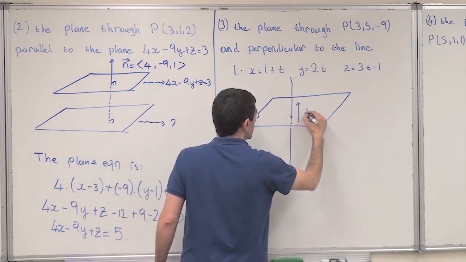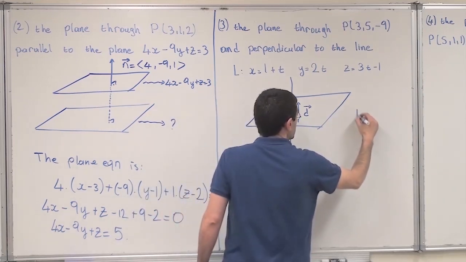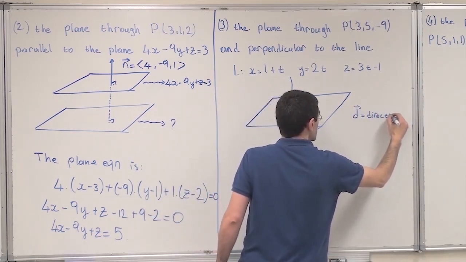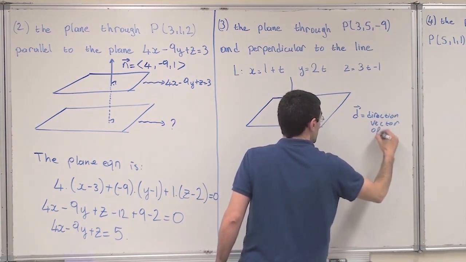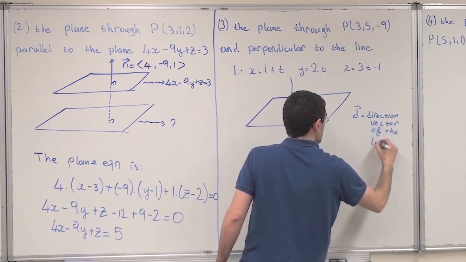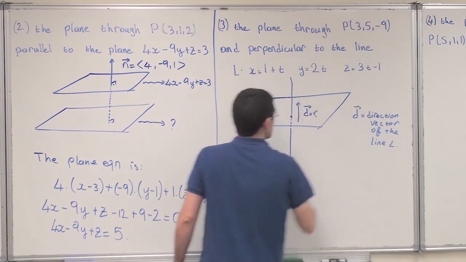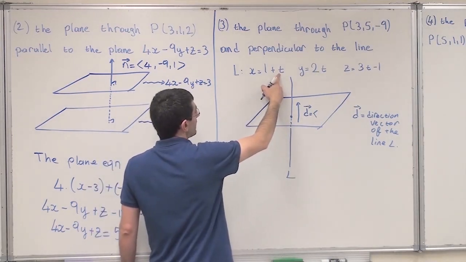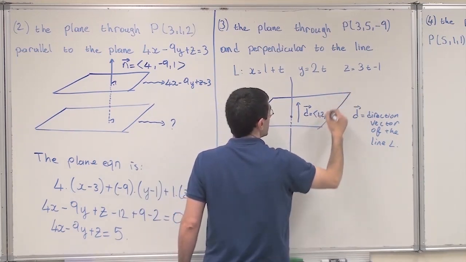I'm going to call this vector D. It is the direction vector of the line L. The components of this vector are the coefficients of the parameters. So it is 1, 2, and 3.